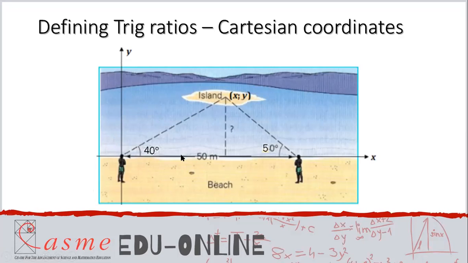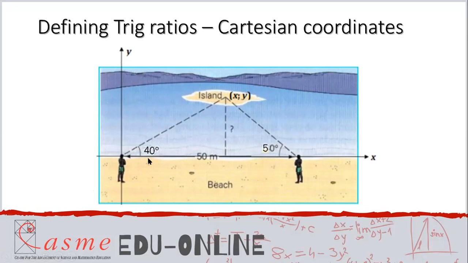Right, you can see that if you look at the distance of the island, the x always tells us how far something is from the y-axis. So how far is the island from the y-axis? It is x away from the y-axis. How far is it from the x-axis? It is y away from the x-axis.